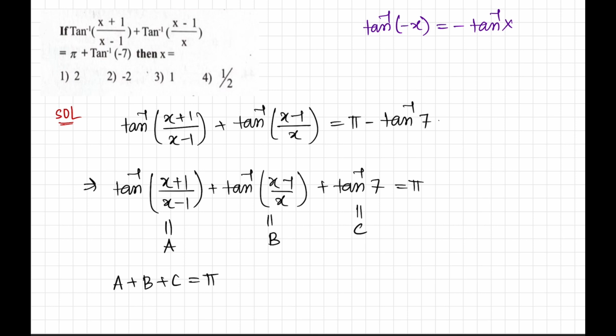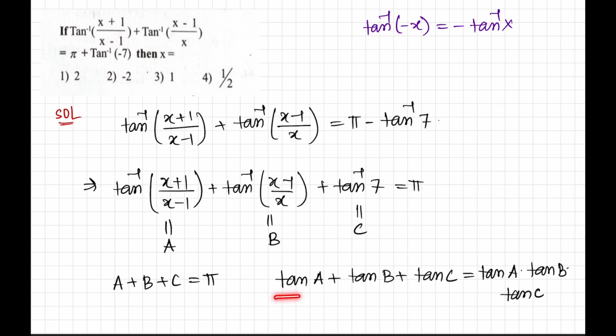If the sum of three angles is equal to 180 degrees, then tan A plus tan B plus tan C is equal to tan A into tan B into tan C. That is, the product of these three terms is equal to the sum of these three terms.